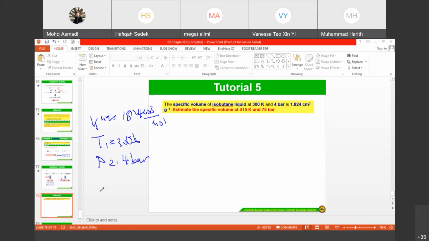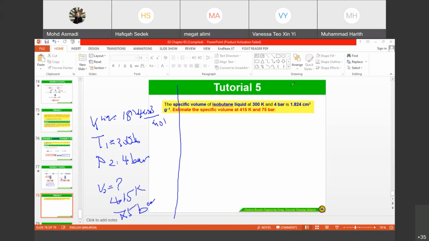So what you have to do is to determine V2. What is V2? T2 is 415 Kelvin, and pressure is 75 bar.